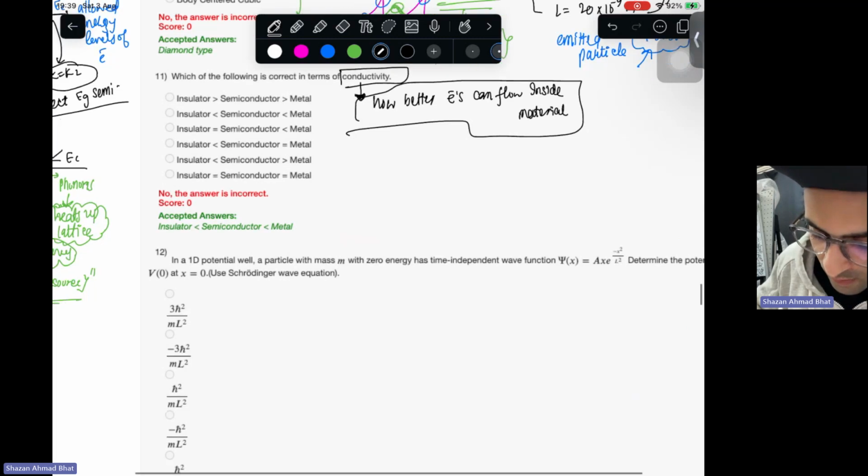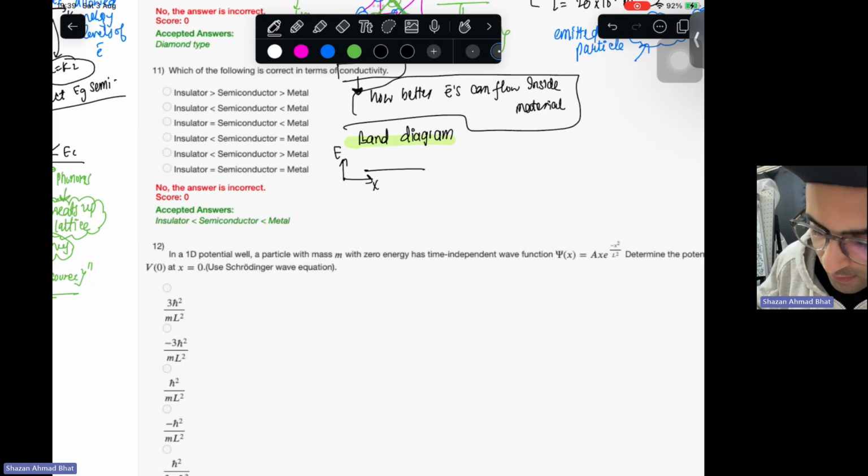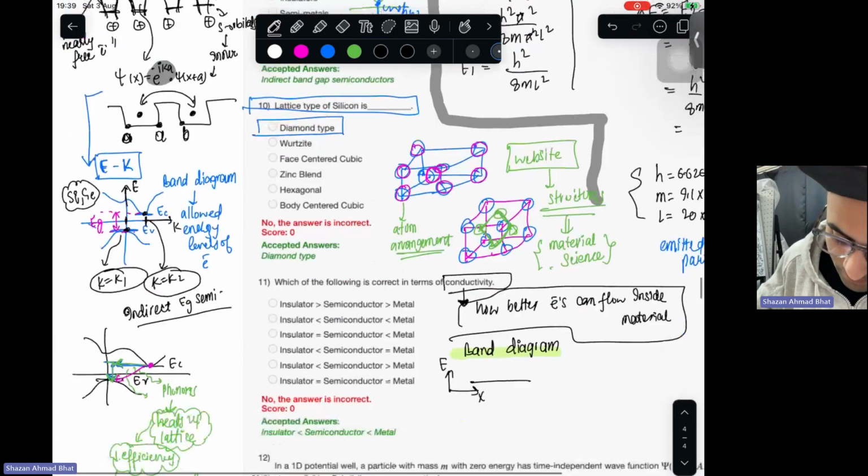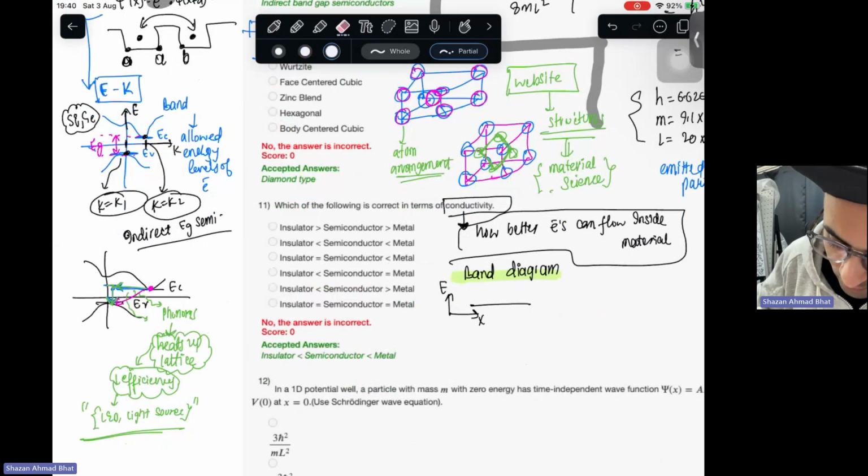So you know that for a metal, if you draw the band diagram, remember that this particular thing is not a band diagram.